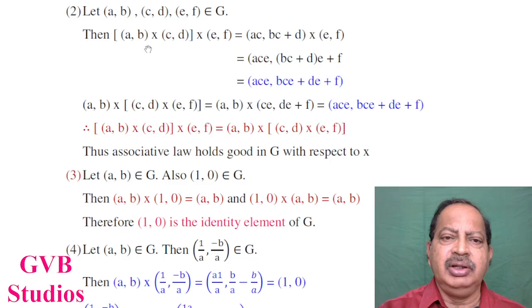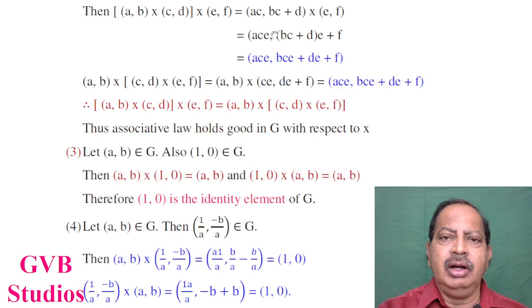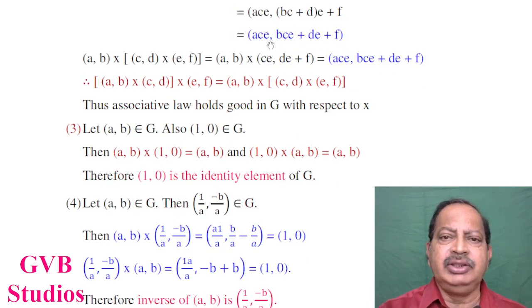Square bracket (a, b) cross (c, d) cross (e, f) is equal to, from the definition, (ac, bc plus d) cross (e, f). And again using the definition for these two elements, I will write (ace, (bc plus d) into e plus f). So after multiplication we get (ace, bce plus de plus f).